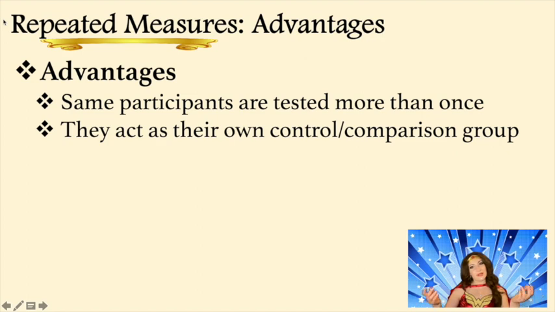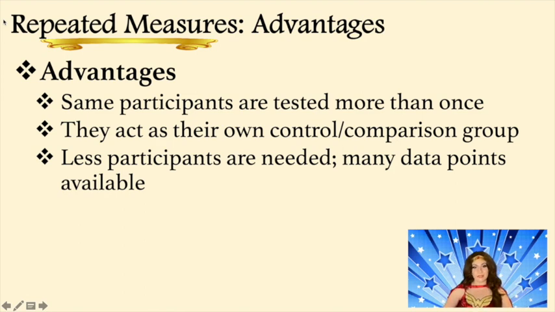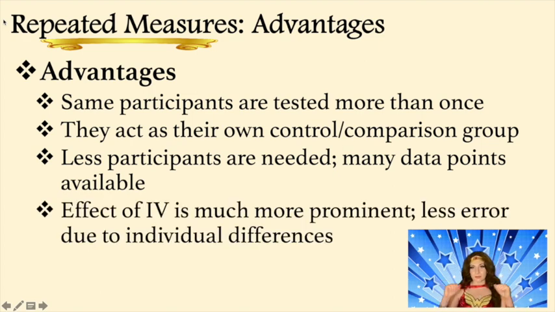So it saves you time, money, and effort on recruiting more people because you get to use the same people over time, which means that less participants are needed and you're still able to collect a large amount of data points. Additionally, if you have repeated measures design, the effect of your independent variable is much stronger.